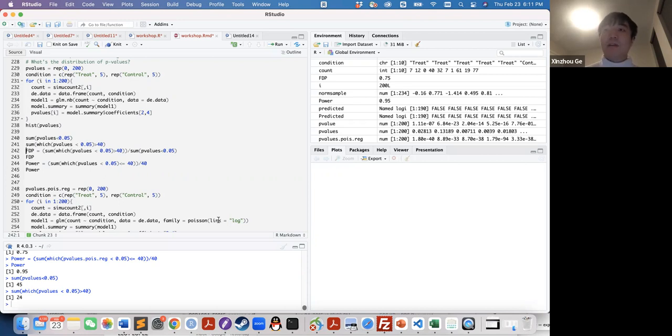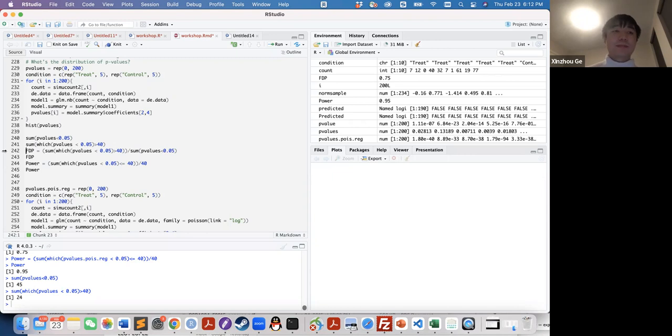So we still have a wrong model specification because we do not have the correct theta. Even if this wrong theta may be close to the true theta, if it is different from the true theta, we still do not have the correct model. Even though we still use the negative binomial distribution to describe the data set, if we use the wrong theta, we still have the problem of model misspecification.